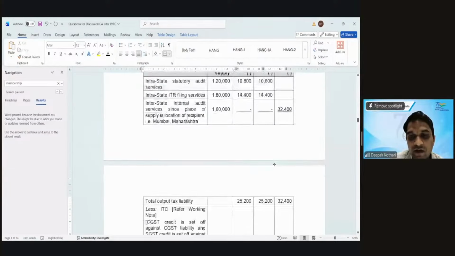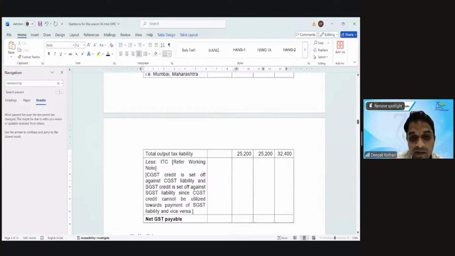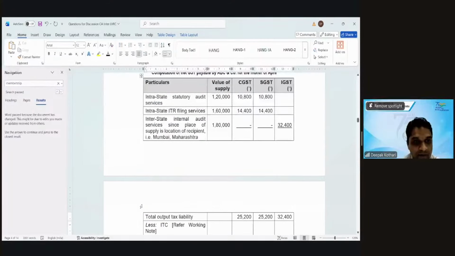IGST 32,400. I don't have any IGST payable, but I have CGST. So CGST credit is set off against CGST liability, and SGST credit is set off with SGST liability, because IGST credit we do not have anything, so we cannot utilize the IGST. Opening balance, there's nothing. If they have not given anything, we will assume that the opening balance is zero.